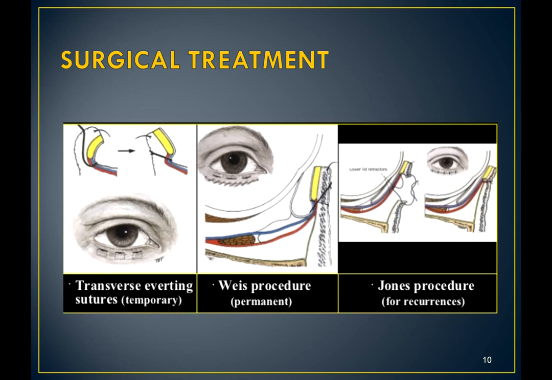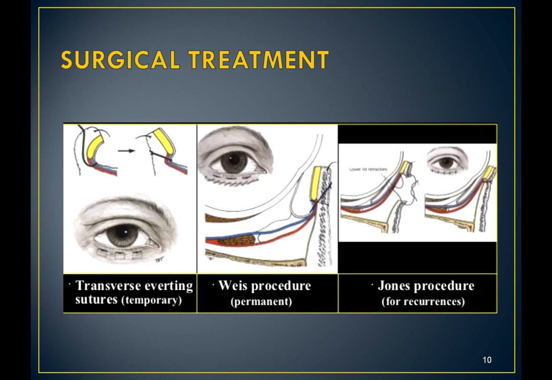So we do two steps in it: to create a healthy fibrous tissue and to alter the pull of the lower lid retractor from posterior to the anterior margin of the tarsal plate of lower eyelid.